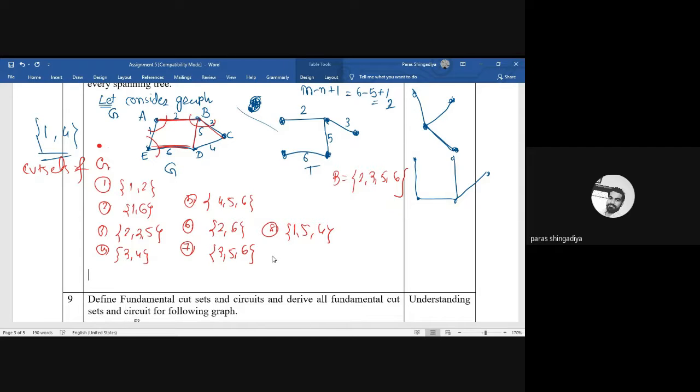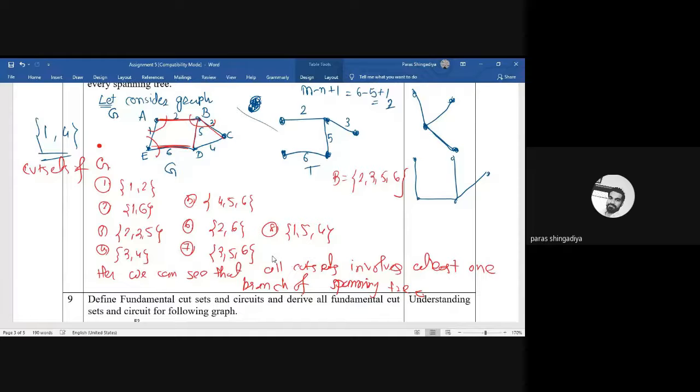Okay, here we can see that in all the cut sets involve at least one branch of the tree. Okay, one branch of the spanning tree. Is it clear? There is a proof of this one.